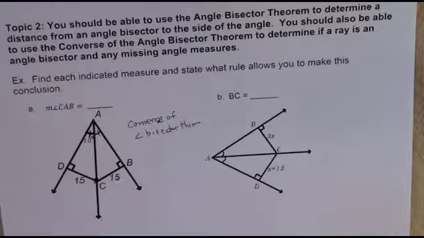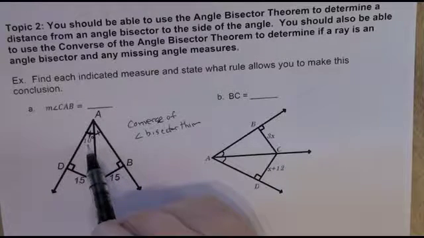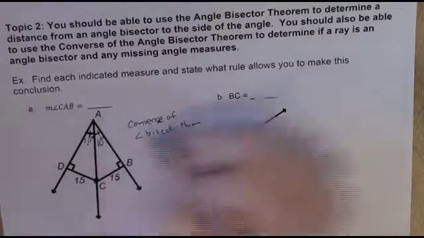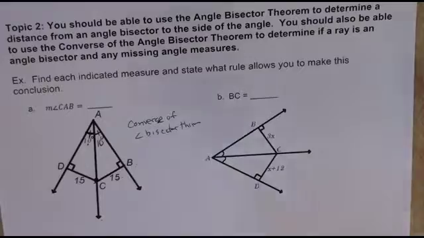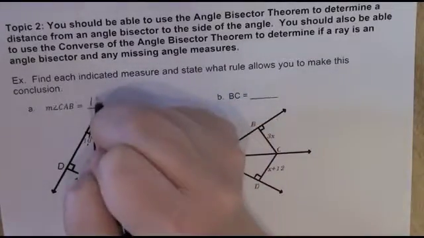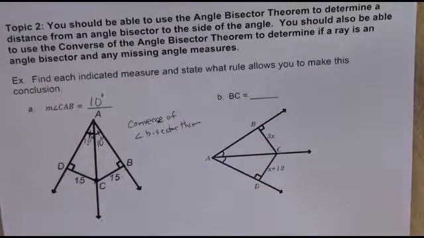They're equal in measure. This one right here says 10 degrees, which means this one right here must also be 10 degrees. The measure of angle CAB is 10 degrees.